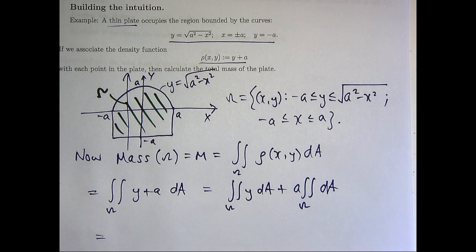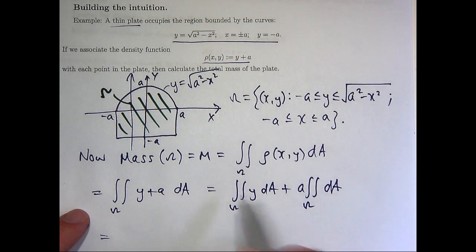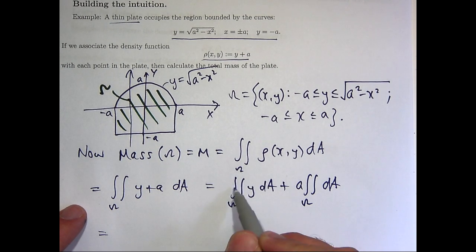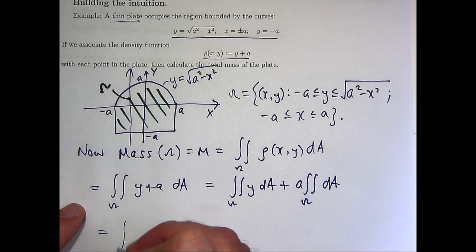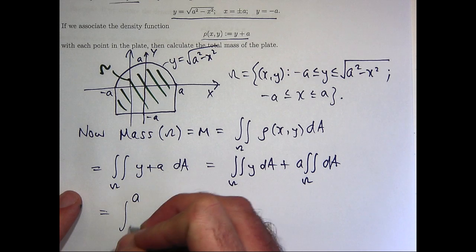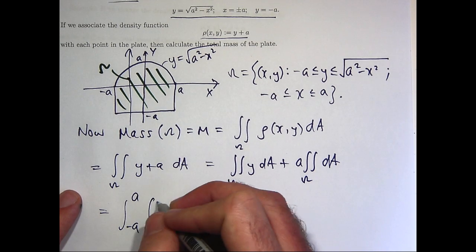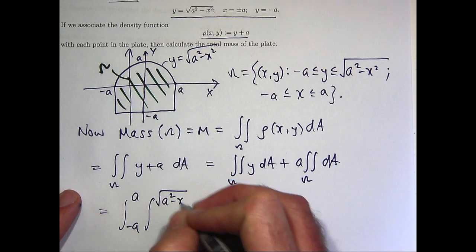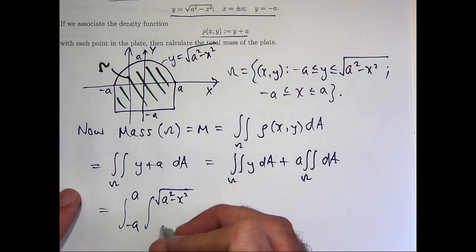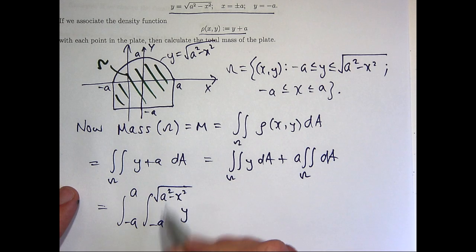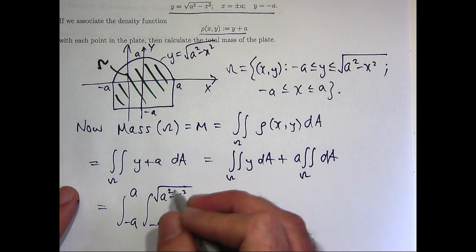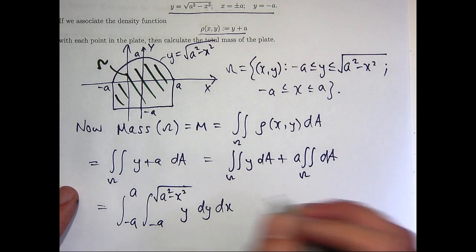Okay. Now for this one I will have to do some calculations, so I'm going to write in the limits of integration for this first integral. Okay, so y is between this and this, and it's on the inside, so I want to put the dy there.